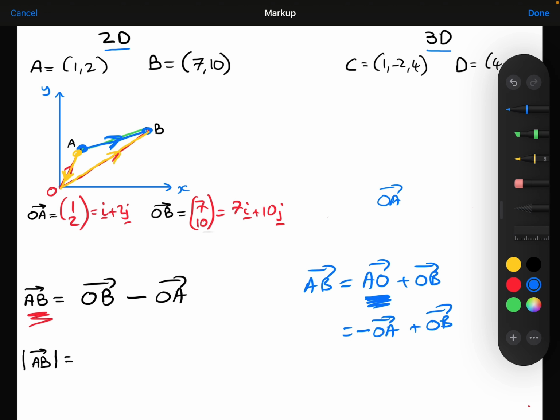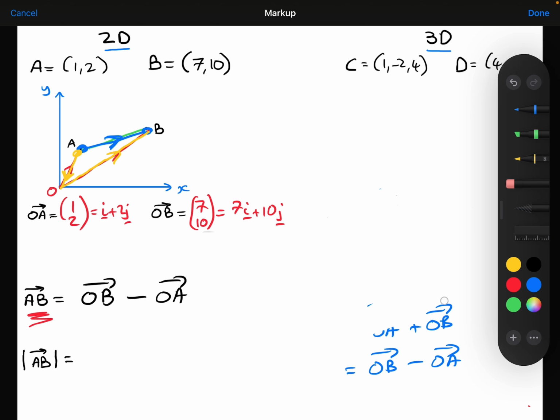And then, just to tidy this up a little bit, I'm going to put the positive term at the front, the OB minus the OA. So that's why this rule works. That's why, if I want to work out the vector from A to B, I will do B take away A.